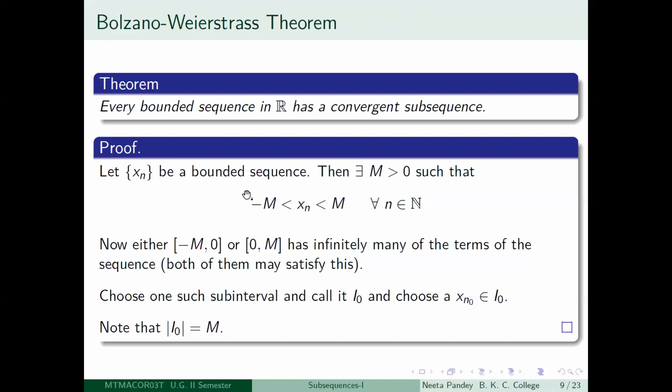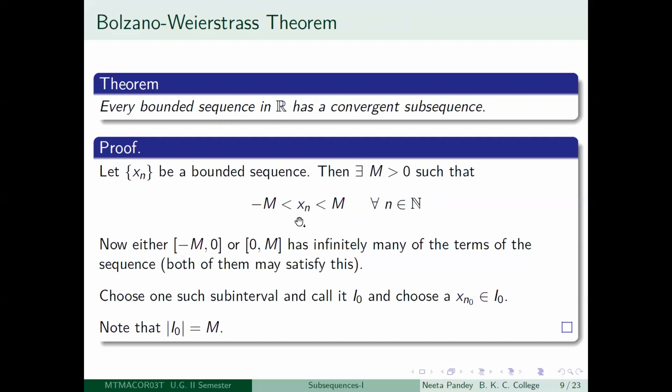Since it is bounded, there is a real number capital M, not necessarily an integer, so that mod xn is less than M for all positive integers n.